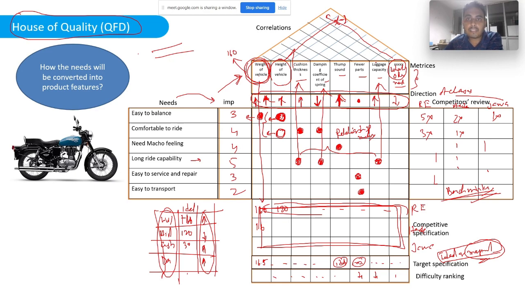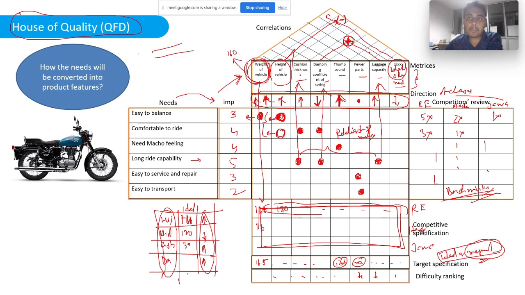Similarly luggage capacity and damping. More luggage capacity means you need a higher damping coefficient, so you need a good shock absorber. So these are positively correlated. Do you understand?